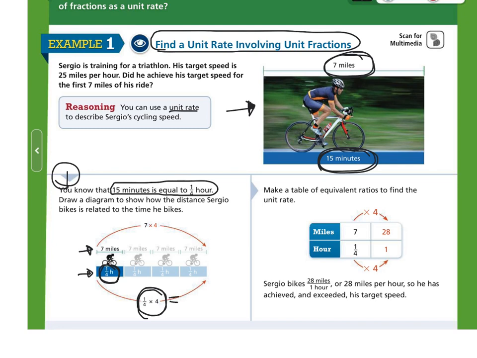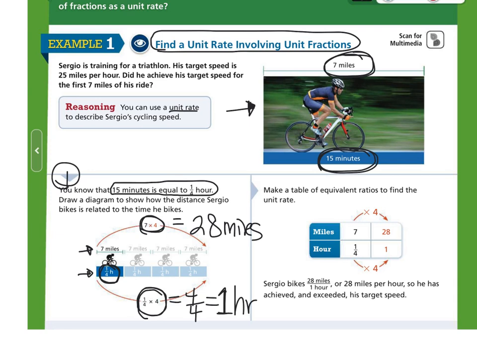Okay. And whatever you do to one part of a rate, you have to do the same to the other. So we also have to multiply the 7 miles that he traveled by 4 in order to see how far he went in that 1 hour's time. And that would be 28 miles. Okay, and again, the 1 stands for 1 hour.